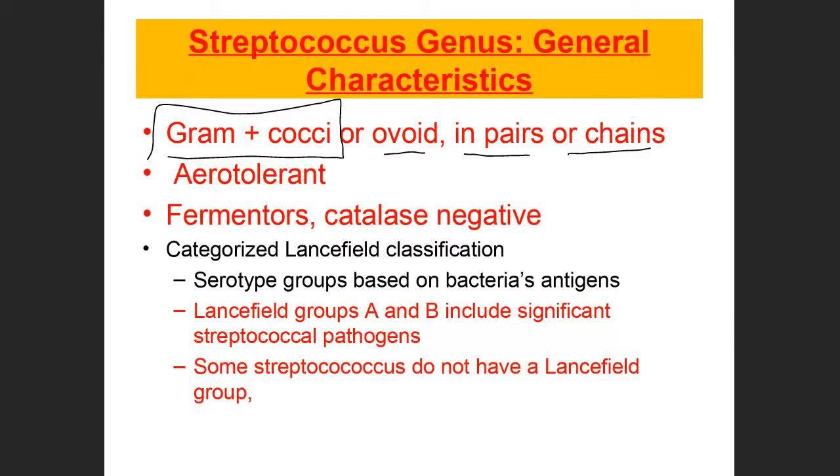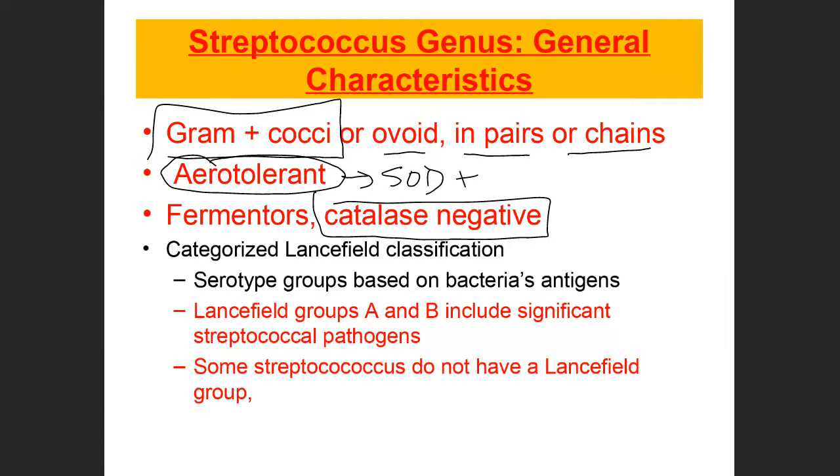Streptococcus are aerotolerant, which means they have no catalase, they only have superoxide dismutase. So this is one feature, the catalase, that separates Streptococcus and Staphylococcus. Also the oxygen requirement. These are only fermenters, that is their only metabolism, which tells us that they grow very slowly.